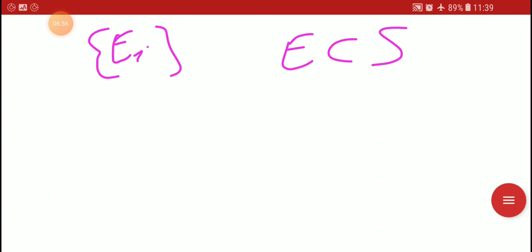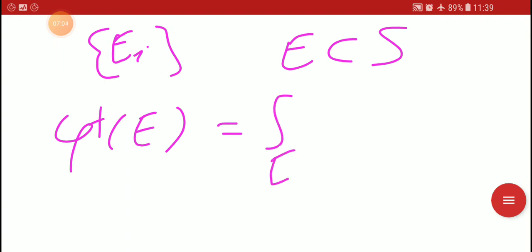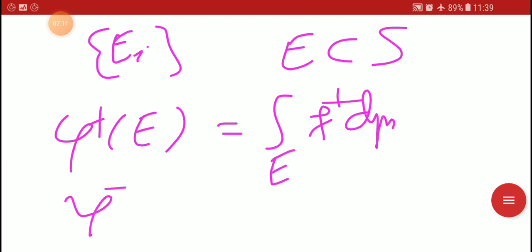And the third result: let E_i be a sequence of disjoint sets in S, and let E be a subset of S. And write psi plus of E is equal to the integral over E of f plus d mu, and also write psi minus of E is equal to the integral over E of f minus d mu.